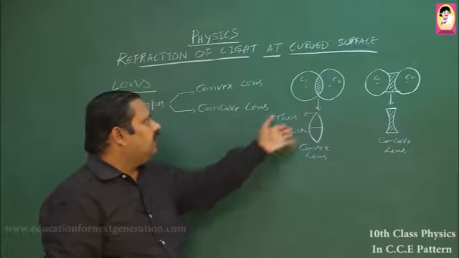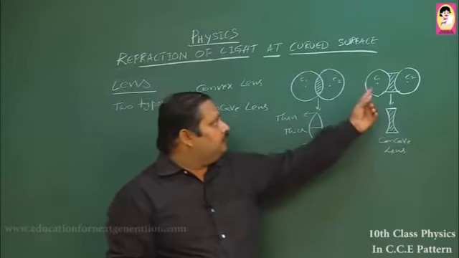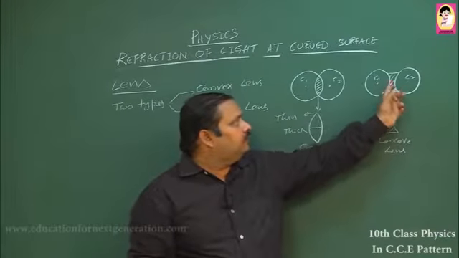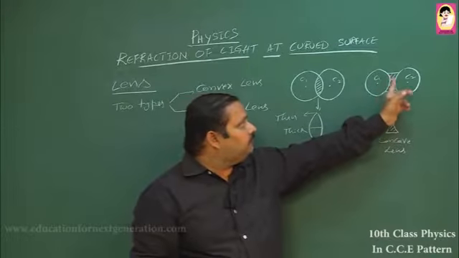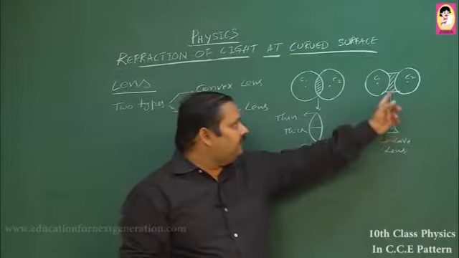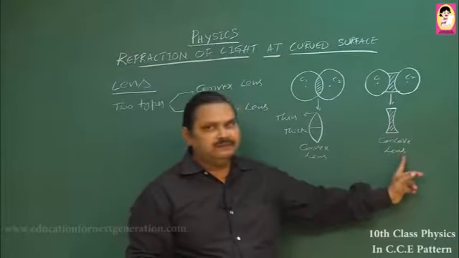On the other hand, how is a concave lens formed? Let us keep two hollow spheres with centers C1 and C2 very close to each other, and the gap between the two spheres is filled with a transparent material and separated out, and this shape is called a concave lens.